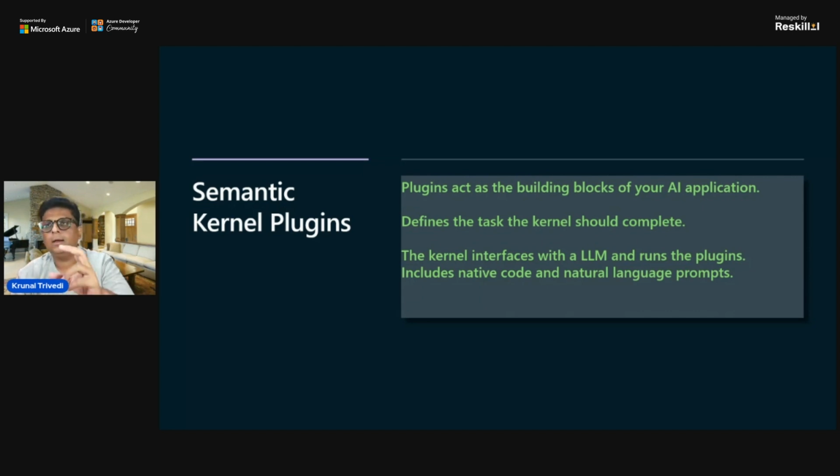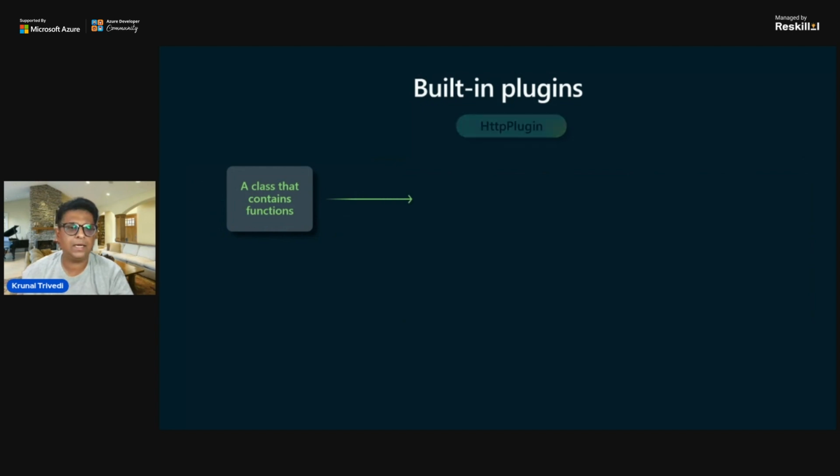Or take this context and extract the information out of this context is a task. Or connect to this API, or create and open a file, write data into a file, read data from the file. These are all plugins meant for specific tasks, and you can create your custom plugins also. So we have built-in plugins here.